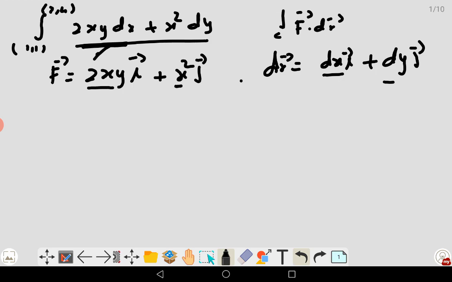So F is given; the first term is P and the second is Q, which we have already used.